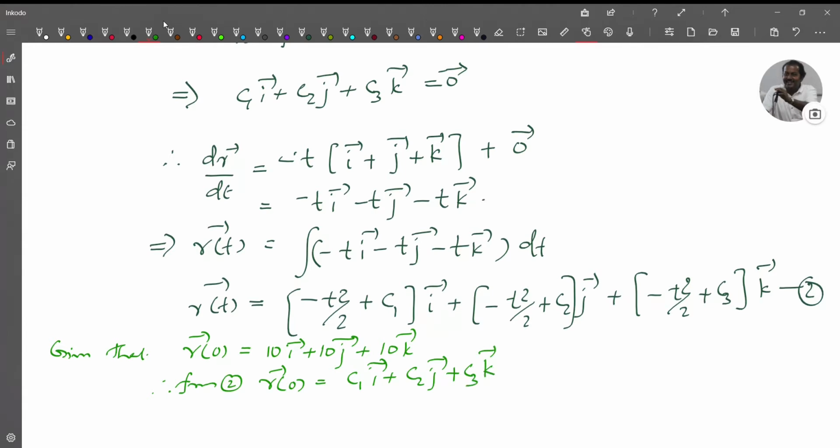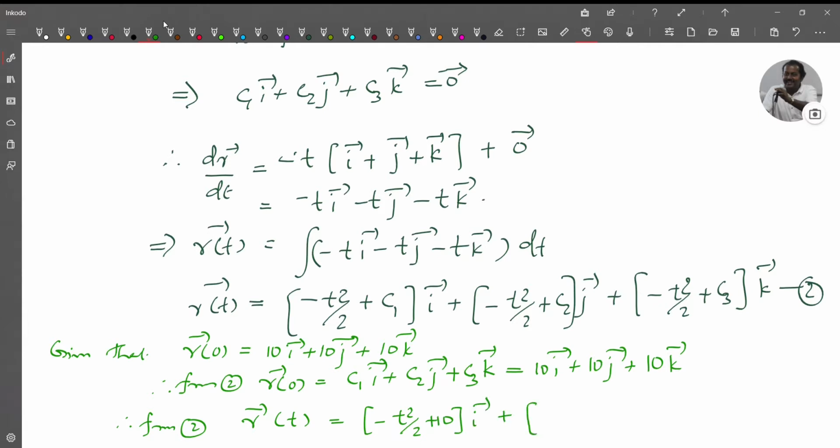So substituting t equal to 0 here, we'll get this as c1 i, c2 j and c3 k, so that is equal to 10i plus 10j plus 10k. So our constant vector is 10i plus 10j plus 10k. Therefore from 2, r of t equal to minus t square by 2 plus 10 i plus minus t square by 2 plus 10 j plus minus t square by 2 plus 10 k.